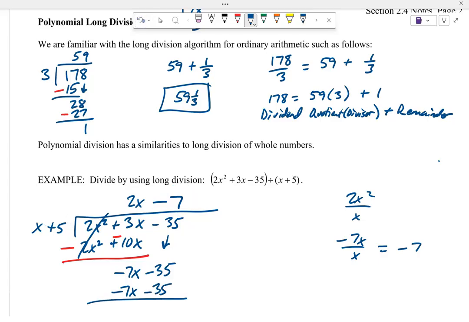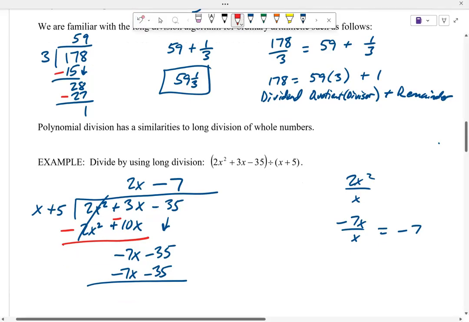But don't forget, you got to subtract this whole thing. I got to subtract this, which means I'm just changing both signs. So that'll change that to a positive, that'll change that to a positive. And now I'm going to go negative 7x plus 7x. That's gone. Again, that should be gone every time.